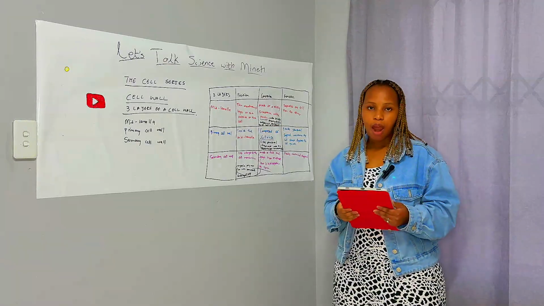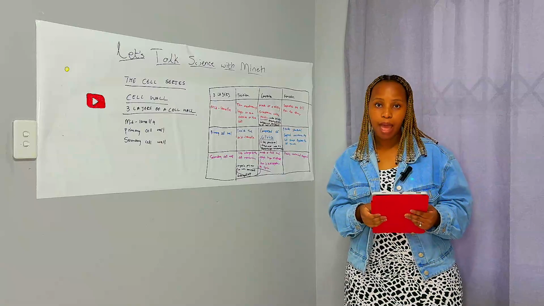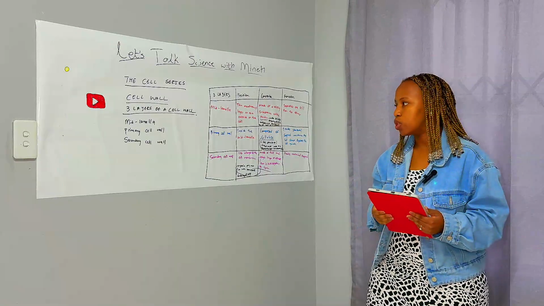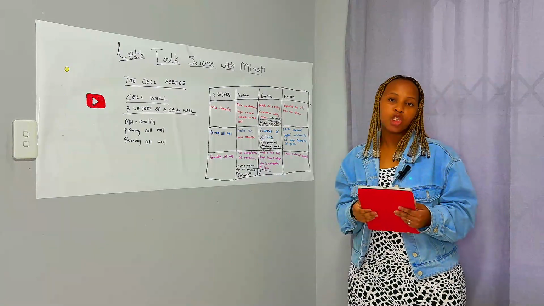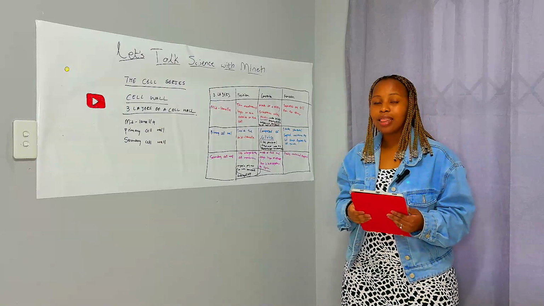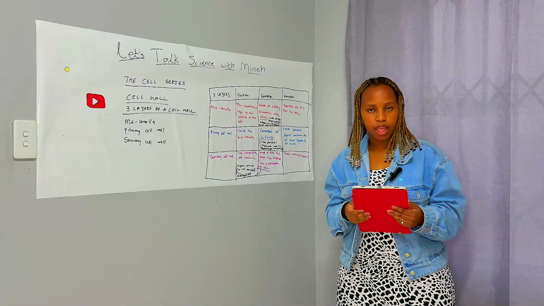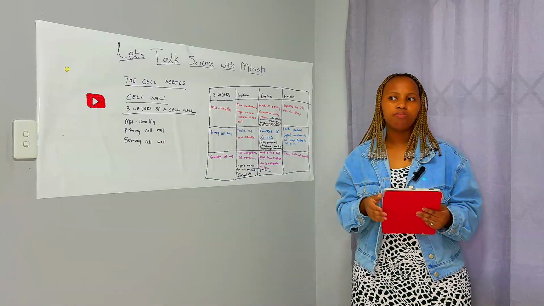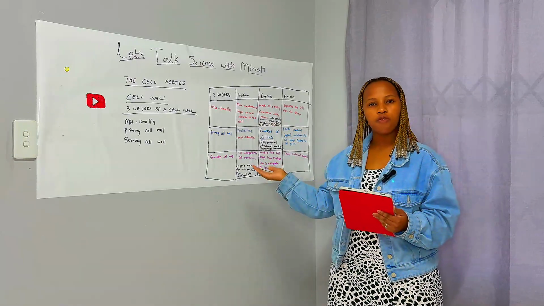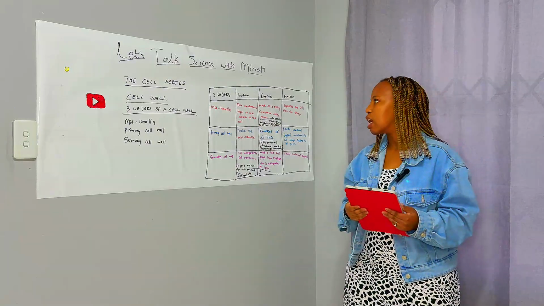So we're saying that the primary cell wall is found inside the middle lamella, and it is made up of cellulose. Cellulose is a key structural component. It is also a polysaccharide that is made up of monosaccharides linked together, and monosaccharides are sugars like glucose, fructose, galactose, which I think are covered in the grade 10 content.